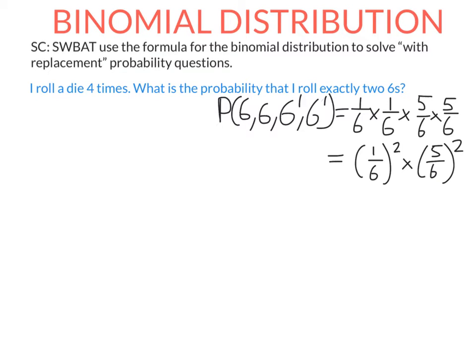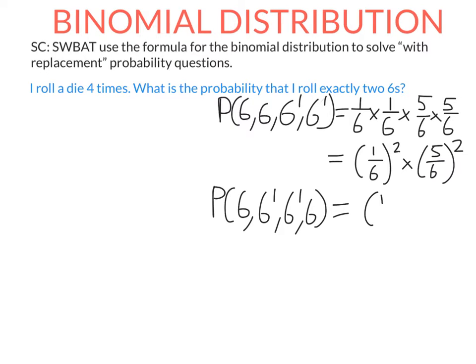But see, the reason that we went through tree diagrams, and the thing that's a little complicated, is that I can get exactly 2 6s more than one way. So this is one way I could get 2 6s. 6, 6, and then 2 numbers that are not a 6. But of course, I could also have got a 6, then not a 6, not a 6, and then a 6. That would have exactly the same probability here.